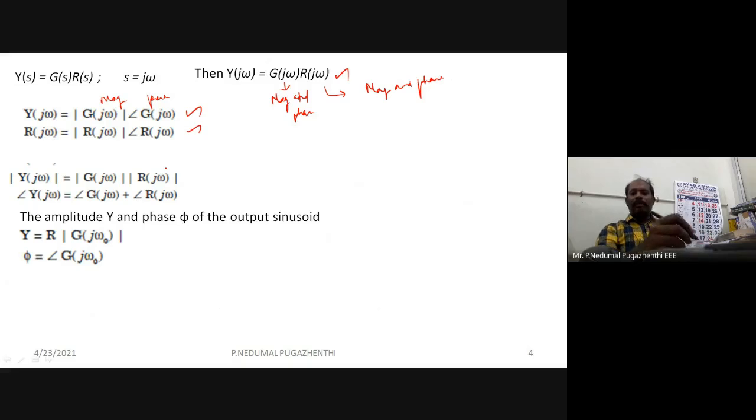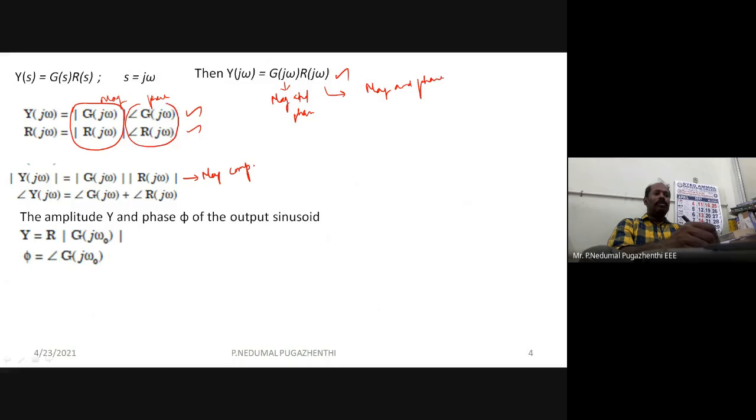So there is a possibility of having a phase difference between input and output. That is what is denoted as phi, which is in the previous slide. You can see that in the same way this can be taken as magnitude. You combine these two, that's your magnitude component, and you combine these two. Since it is an angle, if you combine it, you have to add it. So this is your phase component.